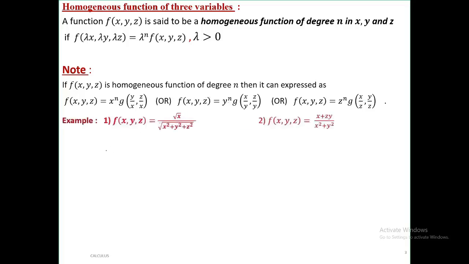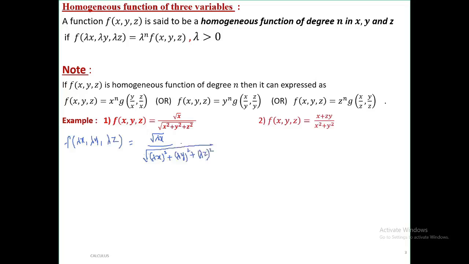Look at examples. First one, is it a homogeneous function or not? So again same story, f of lambda x, lambda y, lambda z. Now it is root of lambda x, divided by root of (lambda x) whole square plus (lambda y) whole square plus (lambda z) whole square.